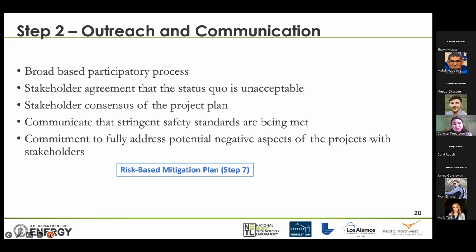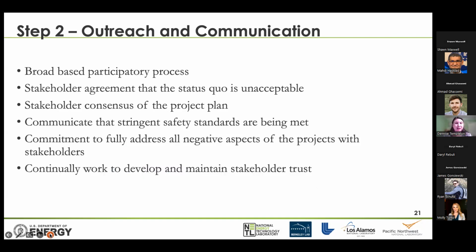We need to have a commitment to fully address potential negative aspects of the project with the stakeholders. There are many ways of doing this, and again, there needs to be communication to determine what is appropriate for a particular site. And this is the most important aspect, which is that the developers and those stakeholders need to continually work and communicate to develop and maintain stakeholder trust.